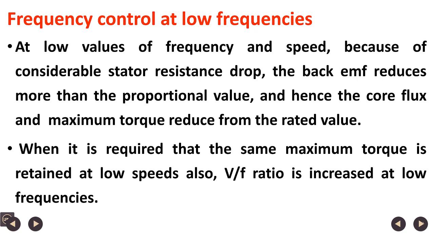Because flux reduces due to stator resistance drop, to maintain the flux at the rated value, the V by F ratio is increased more at the low frequencies above the value corresponding to rated condition.